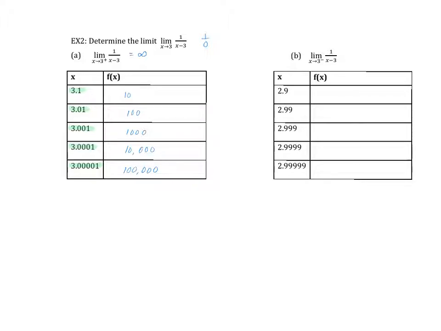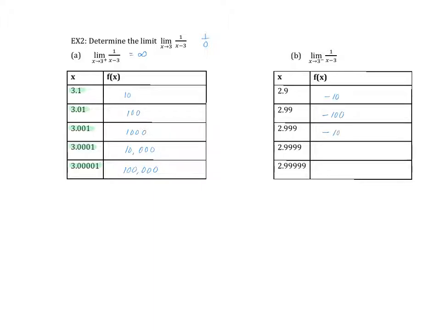If I look at part B, put in 2.9 for x, I get 1 over negative 0.1, so that's going to be a negative 10. If I put in 2.99 for x, I get 1 over 2.99 minus 3, which would be a negative 0.01, so it's going to be a negative 100.